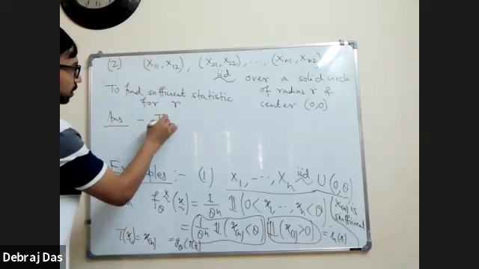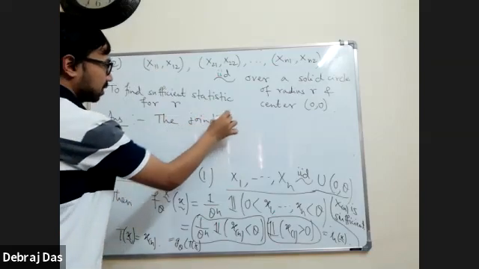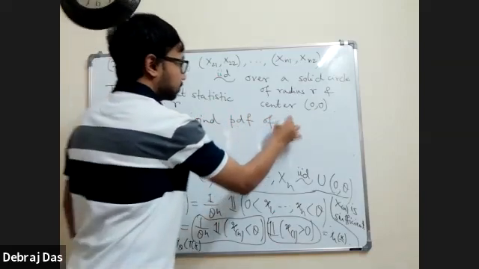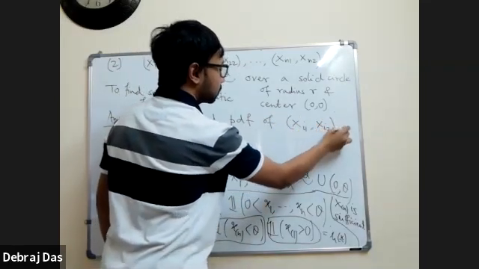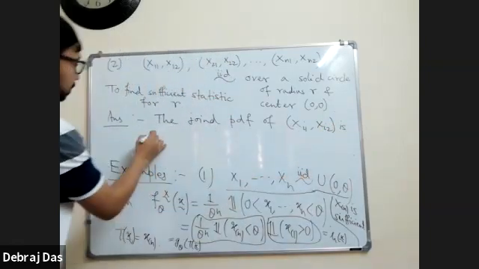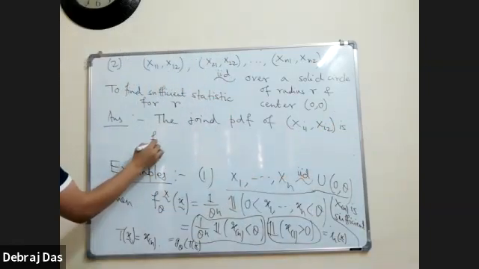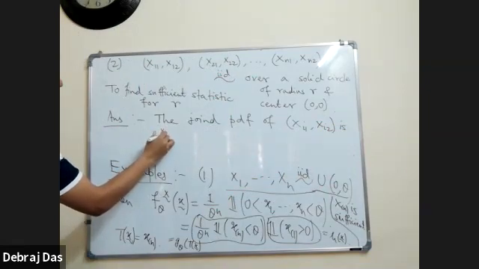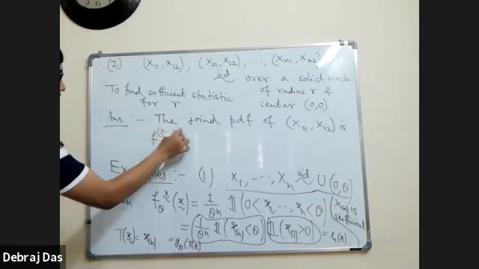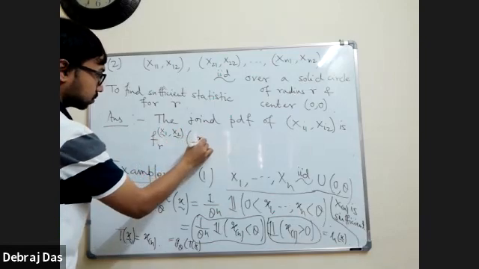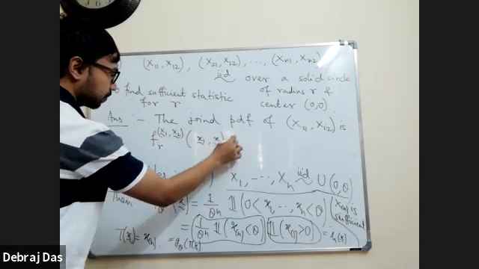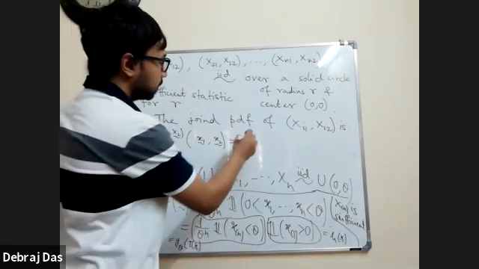So the joint PDF of (Xi1, Xi2), at the point x1, x2, is simply what?